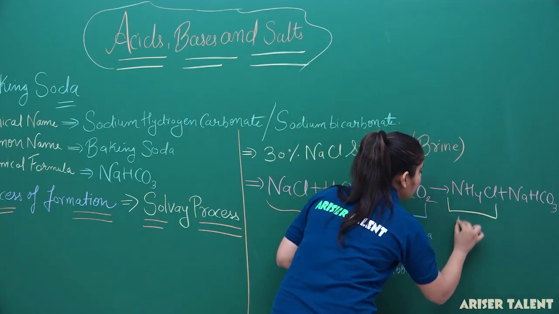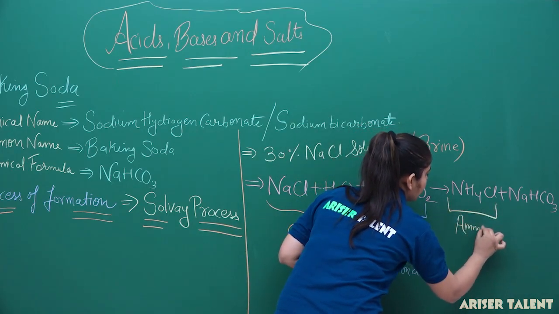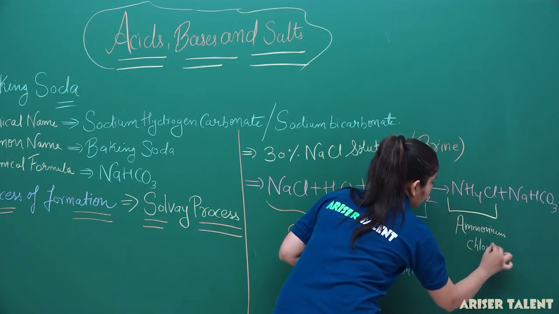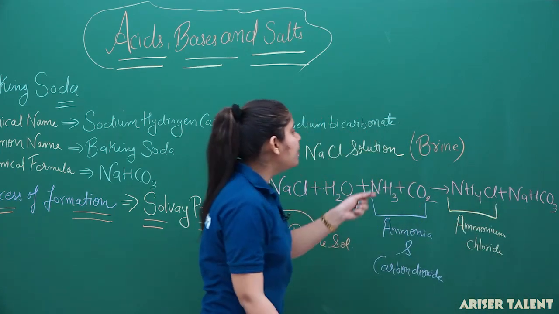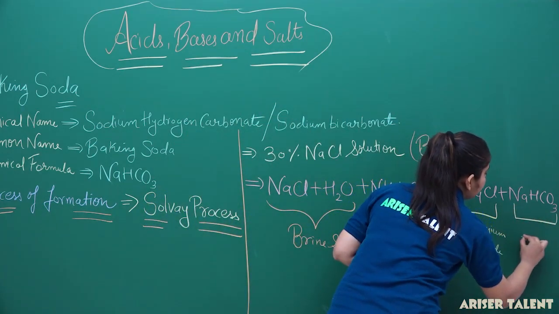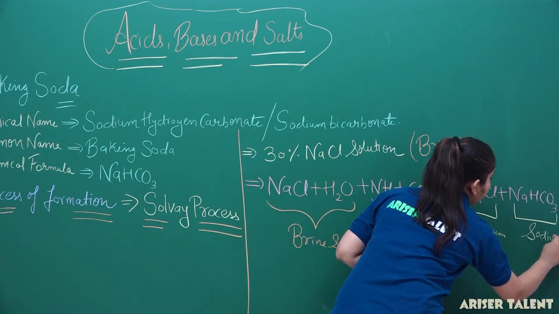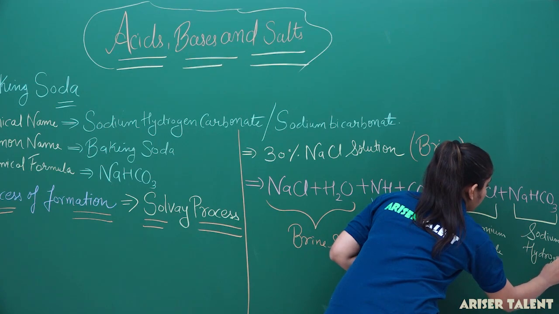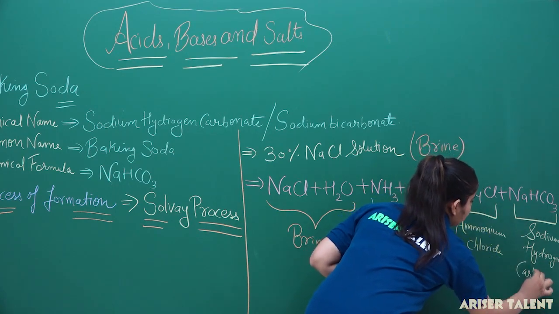The first one is ammonium chloride, and the second product we are obtaining is sodium hydrogen carbonate.